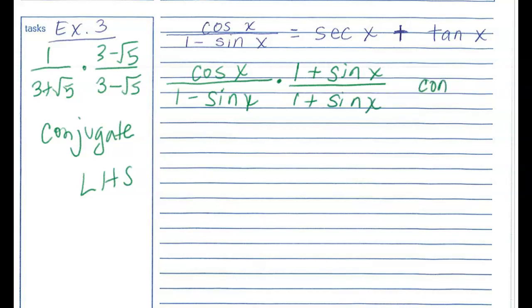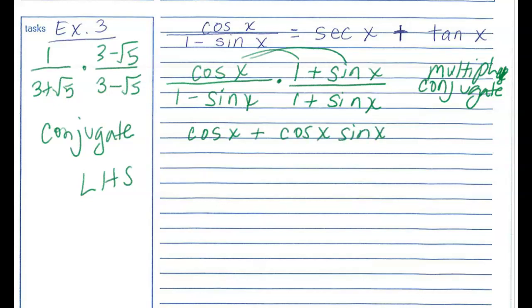So we multiplied by the conjugate. Okay, and so cosine times 1, cosine x, cosine times sine, cosine sine. And sure, let's do the bottom too.